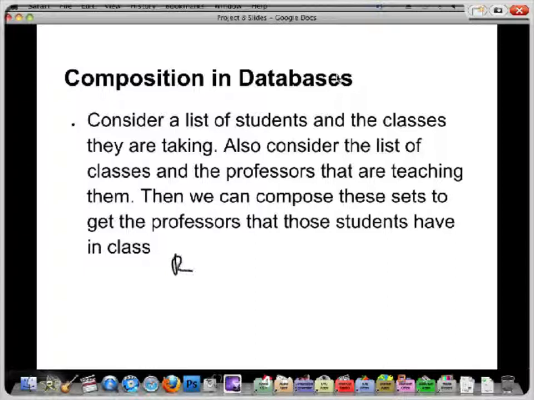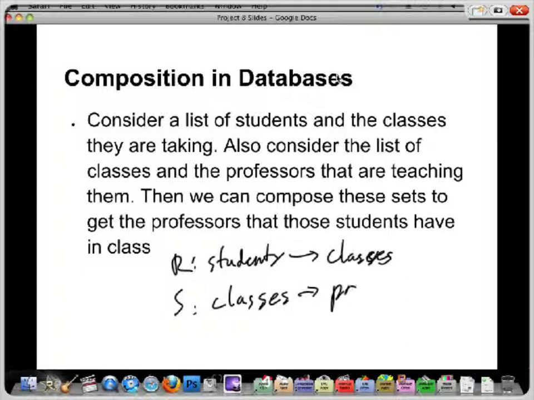So we can write this kind of, we have one relation that is from the set of students to classes, and then we have another relation that is from classes to professors, and then if we compose these relations, we're going to get a relation that is from students to professors.